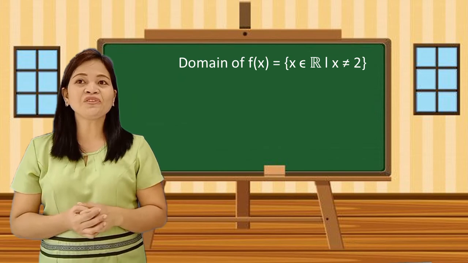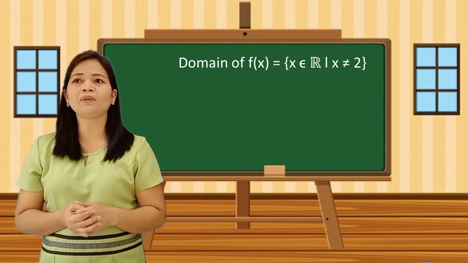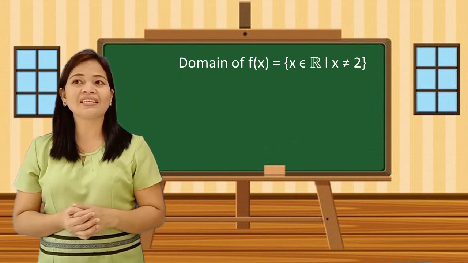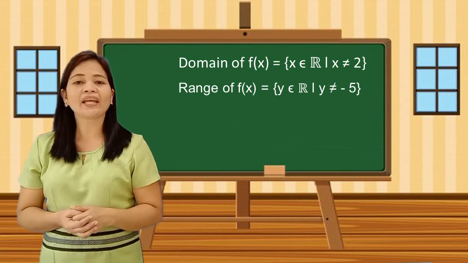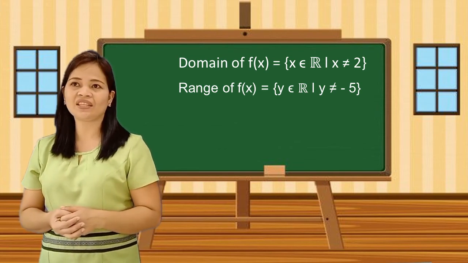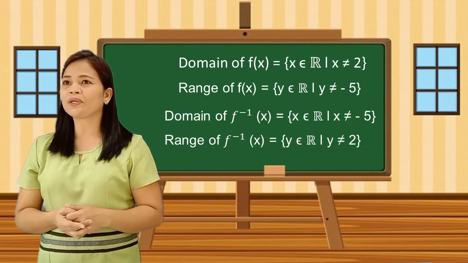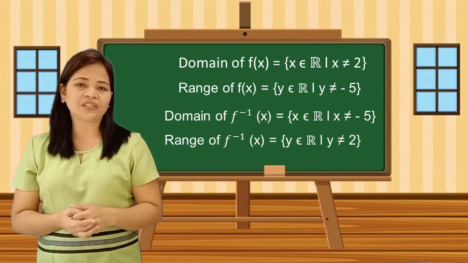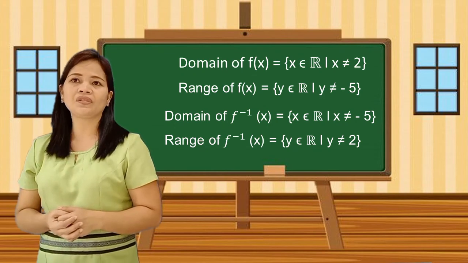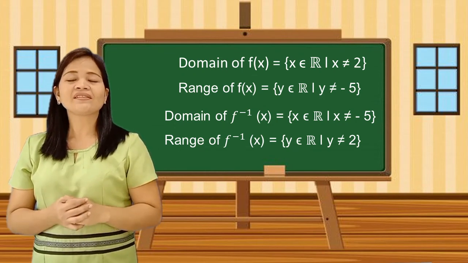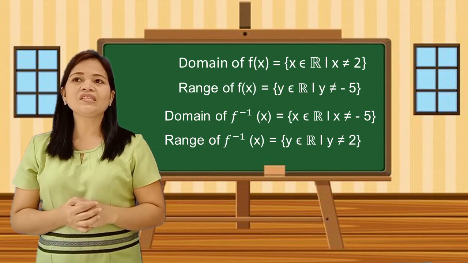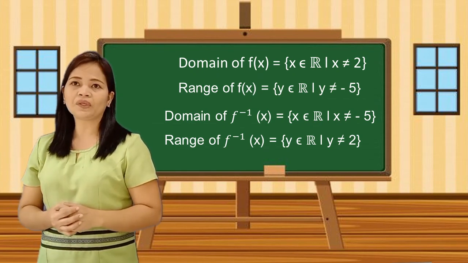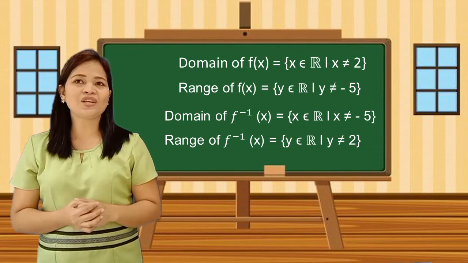The domain of the function is the set of real numbers where x is not equal to 2, while the range is the set of real numbers where y is not equal to negative 5. Therefore, the domain of its inverse is all real numbers where x is not equal to negative 5, while the range of its inverse is all real numbers where y is not equal to 2.